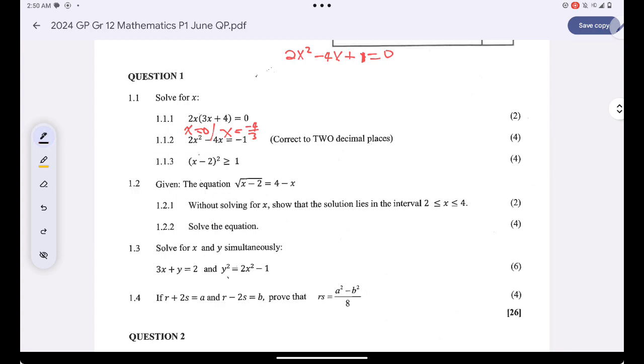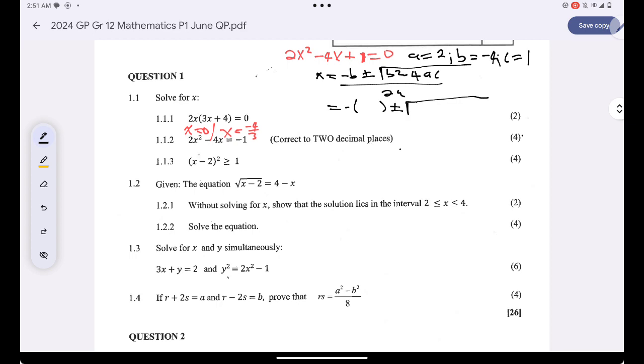A is anything next to x squared, b is anything next to x, and c is anything that does not have x. So c is 1. So x is equal to negative b plus or minus the square root of b squared minus 4ac all over 2a, right? Then I just need to substitute here and use my calculator.